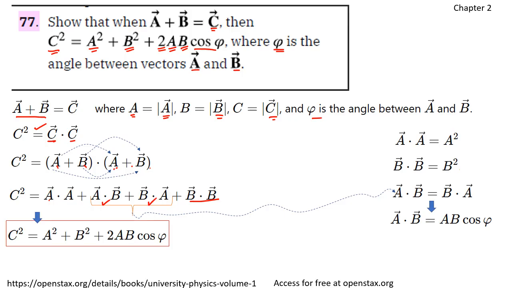In the end, what you get is A squared plus B squared plus 2AB cosine phi. So that is what we need to prove.